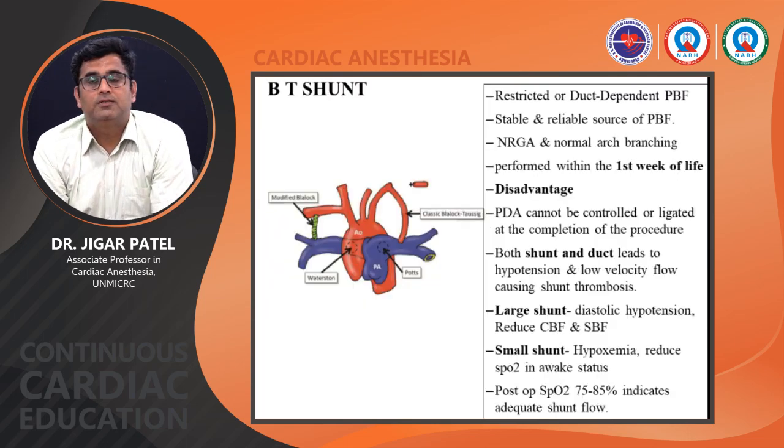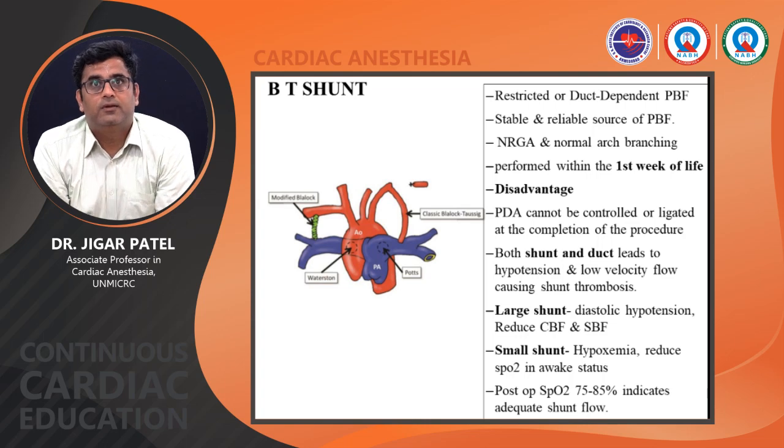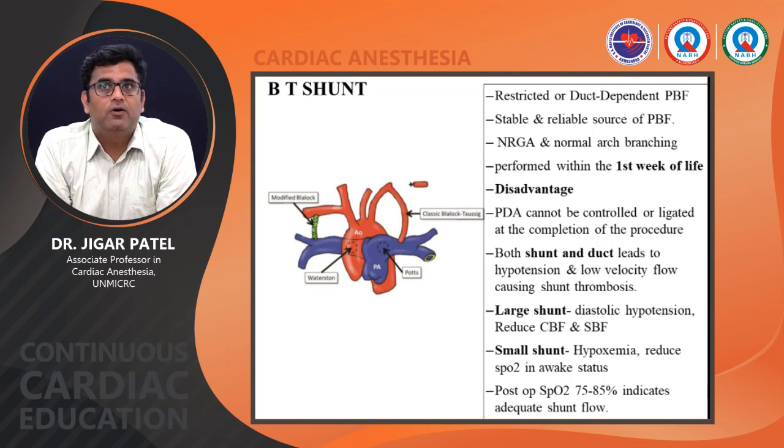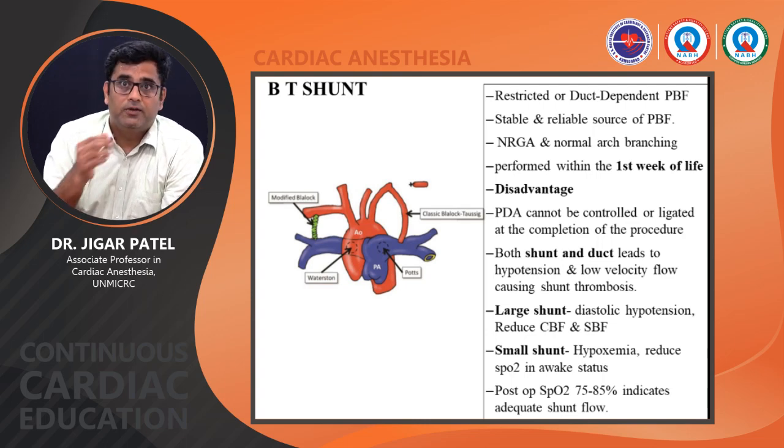Now, the first operation done in the neonatal period is the BT shunt. It is indicated in patients with restricted or duct-dependent pulmonary blood flow. The goal of the operation is to provide a stable and reliable source of pulmonary blood flow, and it is indicated in patients with a normal ascending aorta and normal arch branching. It is performed in the first or second week of life.